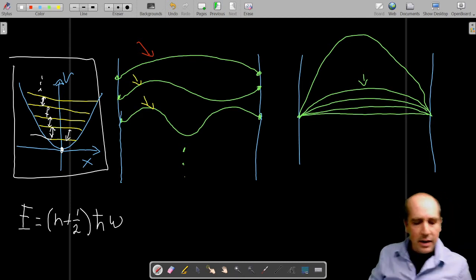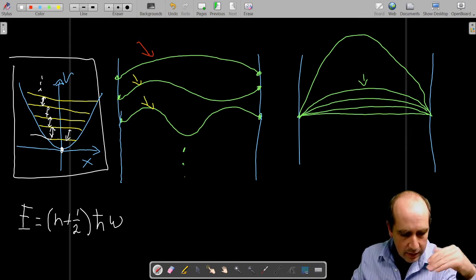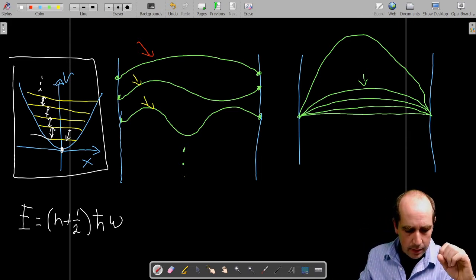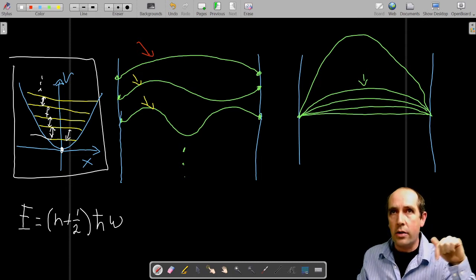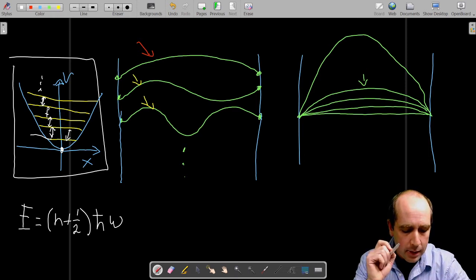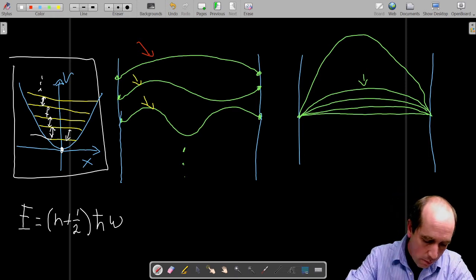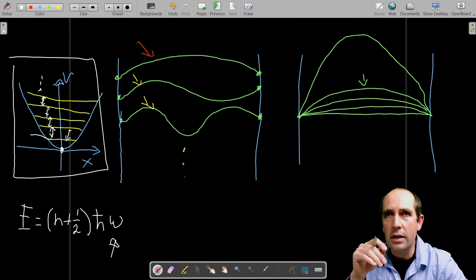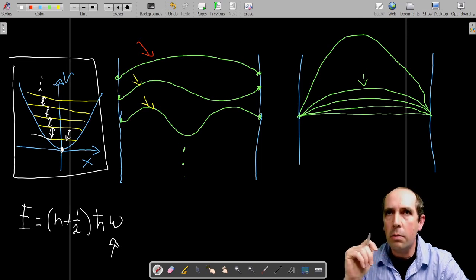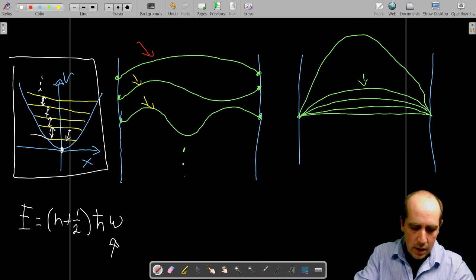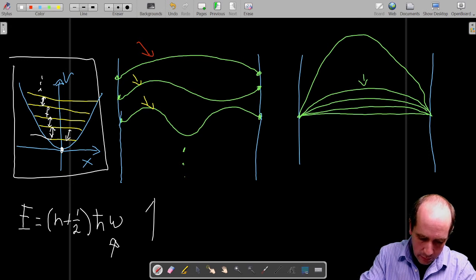So basically, the amount of energy that the harmonic oscillator can acquire is restricted to only these energies. And the really interesting part is this omega. This omega is the frequency at which the classical harmonic oscillator oscillates. So if you think of a classical harmonic oscillator, you have, let's say, a wall or a fixing point.